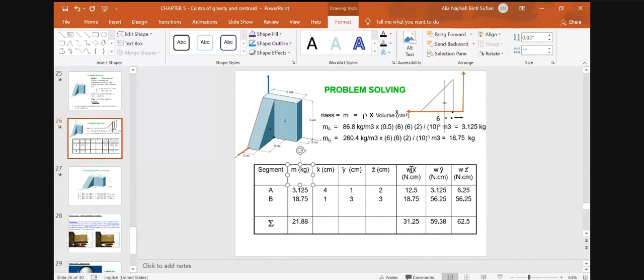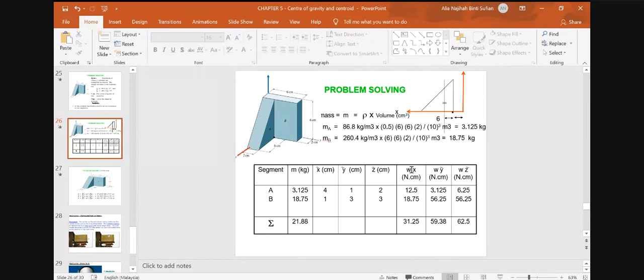Now we multiply the m with the x bar, we should get kilogram centimeter. This is also kilogram centimeter, and this is also kilogram centimeter.